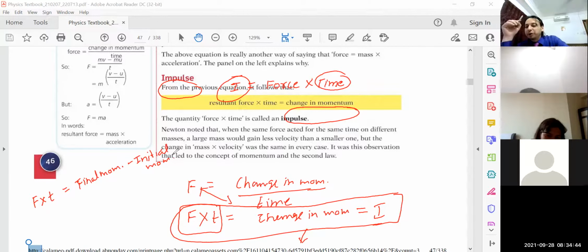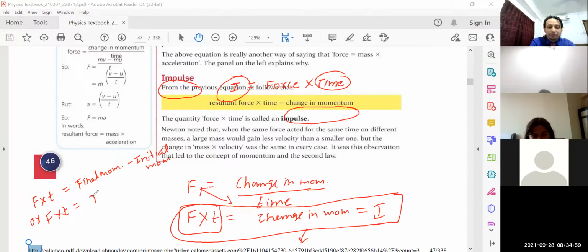So the product of F and time t is equal to final momentum minus initial momentum, or F into t is equal to, what is final momentum? By taking the mass m, velocity v, and initial momentum with the same mass and initial velocity u. So mv minus mu, which is equal to, taking m common, m(v minus u).